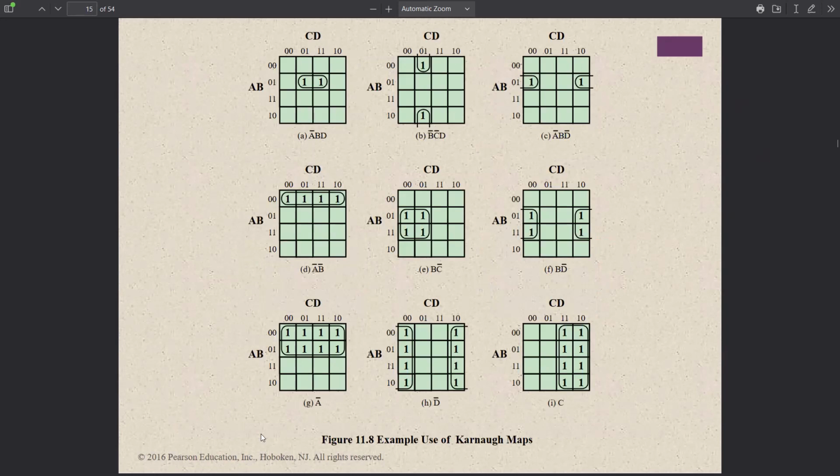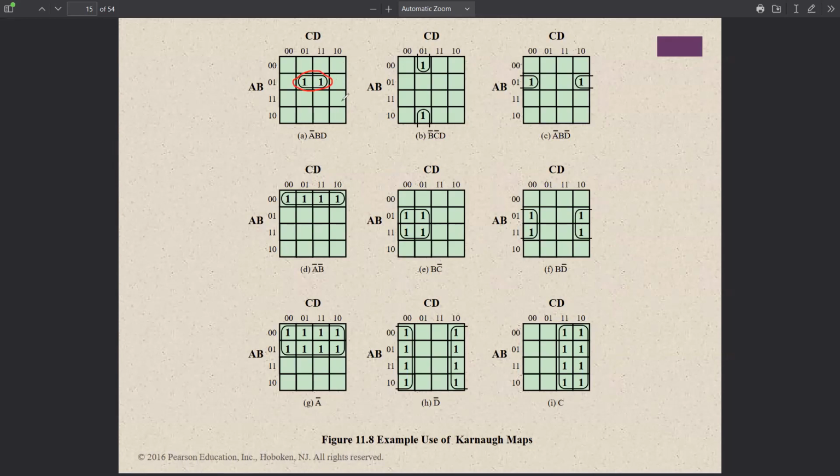So these are some examples, right? So consider only these two cells have one, right? Then what you can do is simply circle them or group them. As mentioned here, you can group them.